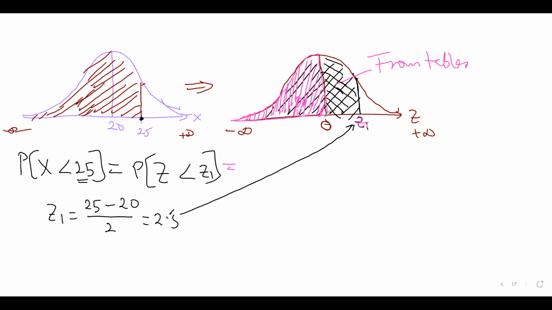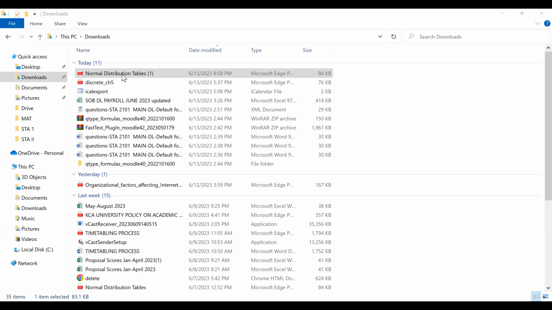Because if you know the area from 0 all the way to plus infinity is 0.5, and you are told the area from 0 up to this point is maybe a certain number, then it is easier for you to find the unshaded part. The same case, if you need the area from Z1 all the way to minus infinity, you know how to get that, because the area from minus infinity up to the center is 0.5 plus this one, which you'll always get.